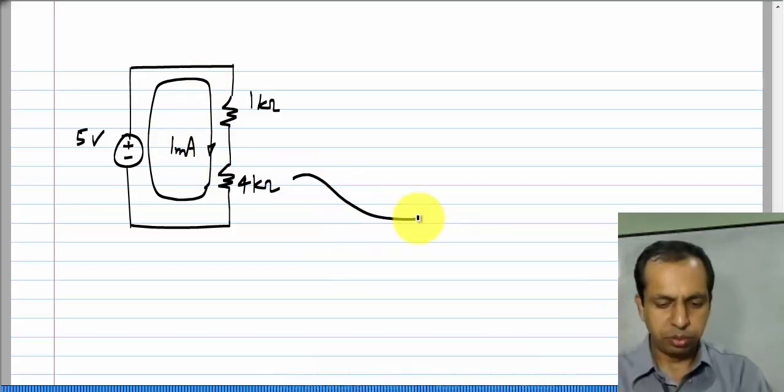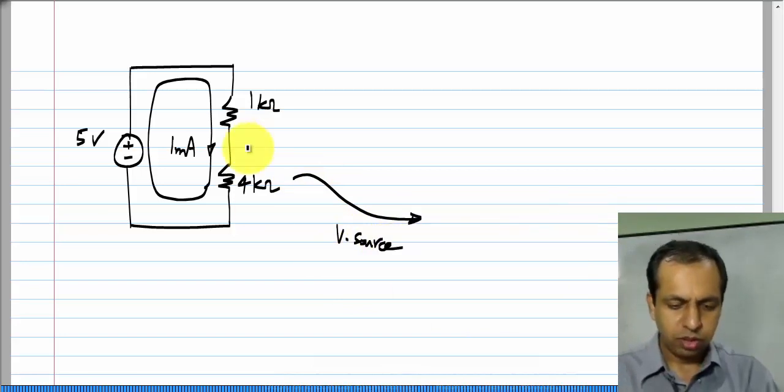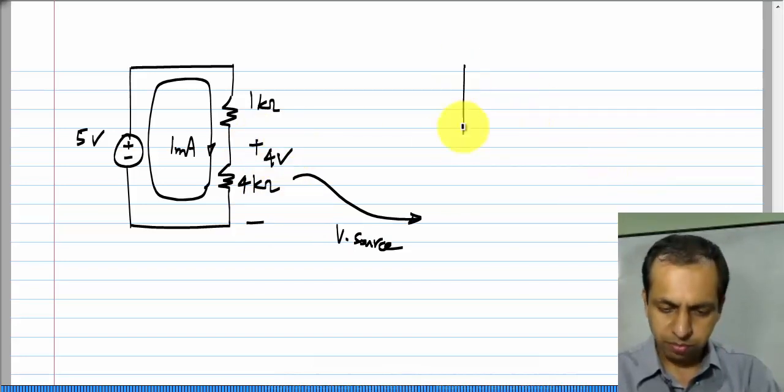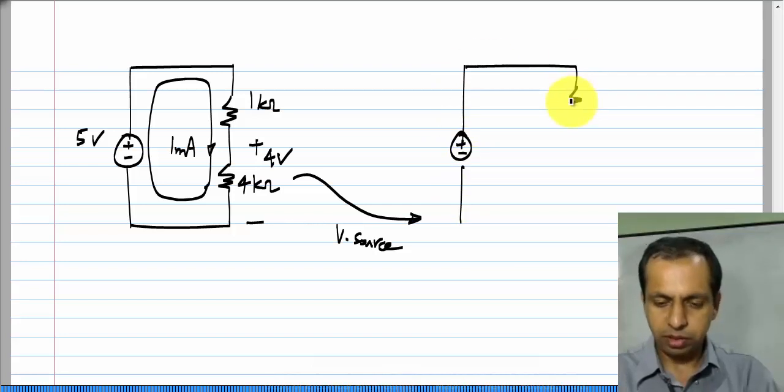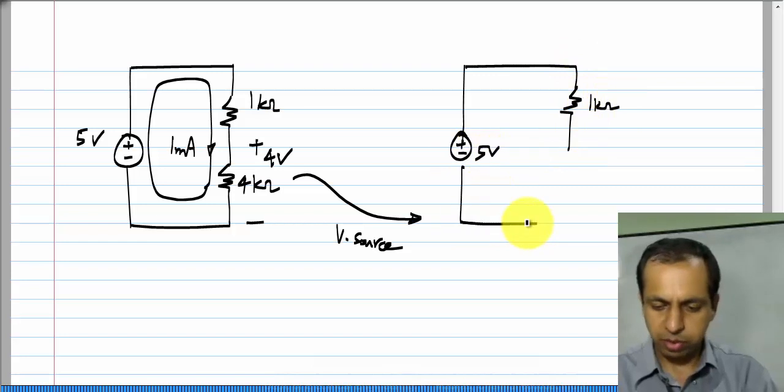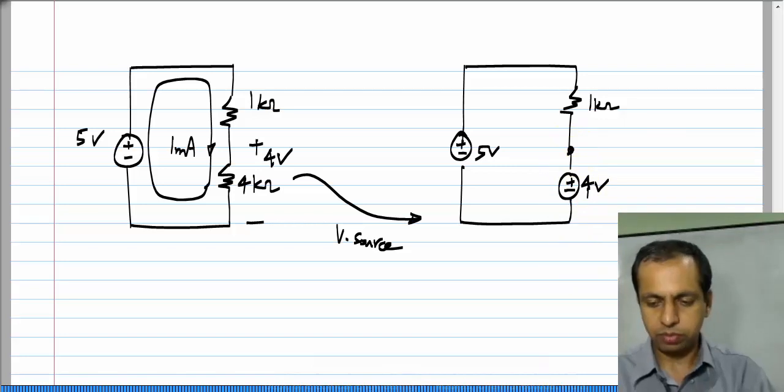Now, let me choose to substitute this with a voltage source. Now, the voltage across the 4 kilo ohm resistor is 4 volts. So, what I will do is take the same circuit, keep all the other components intact. This is 5 volts, but here instead of the 4 kilo ohm resistor, I will connect a 4 volt source.